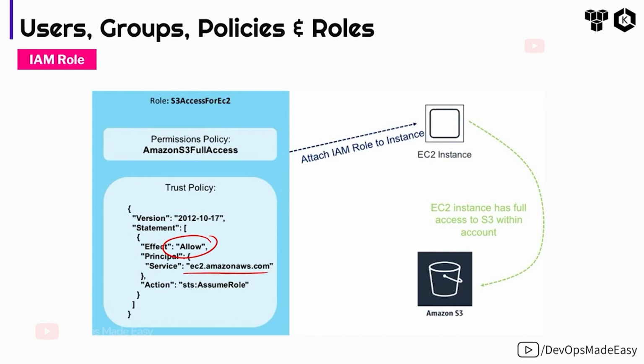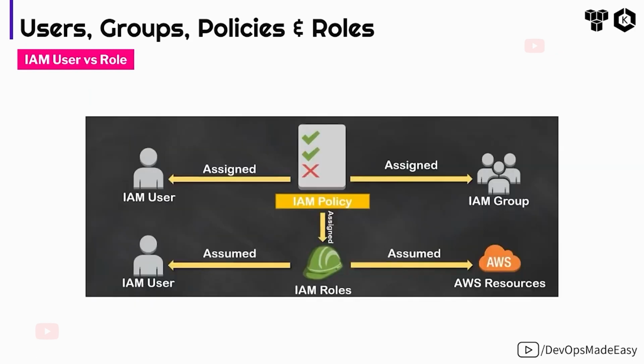Now, this is a policy. I want this policy to be attached to an EC2 instance. So what I can do is use that role for this EC2 instance. Using that role will give the EC2 instance the permission to access S3 buckets. So this is how roles and policies work.